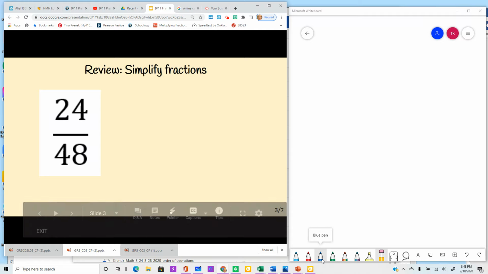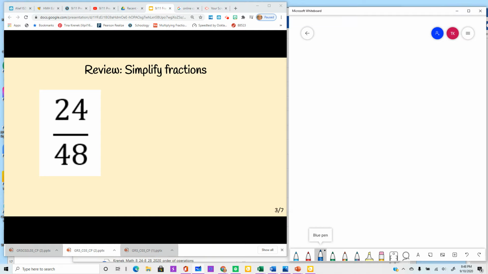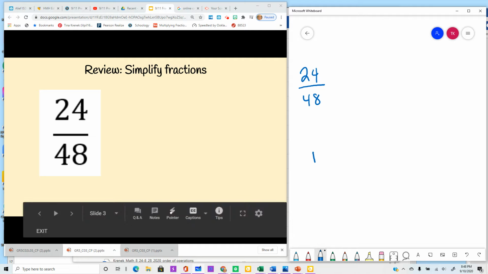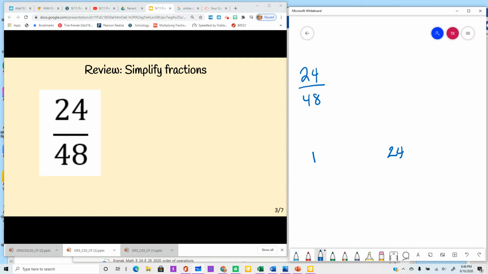To simplify a fraction, we look at what our factors are for that number. So we have 1 and 24, 2 and 12, 3 and 8, and we'll run out of room, 4 and 6.